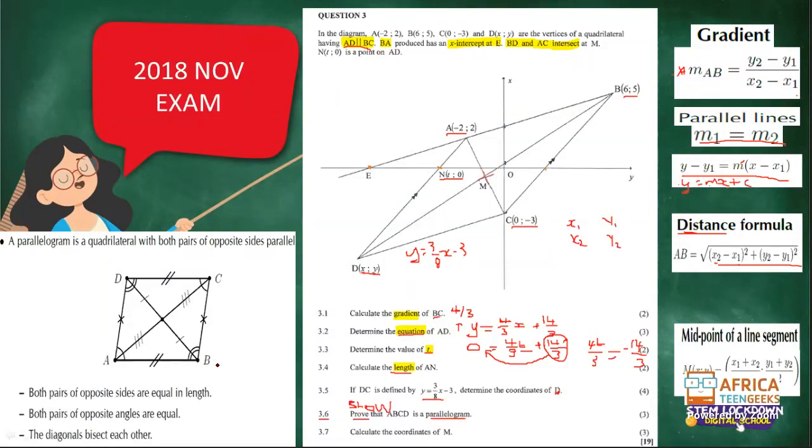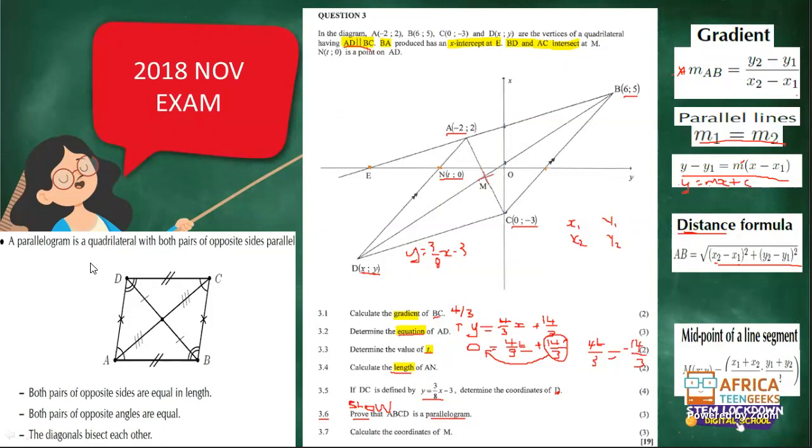Okay, so before you didn't know that it is a parallelogram, but now you are being asked to prove that it is a parallelogram. So it means you look at your properties for a parallelogram and see which one you can prove.